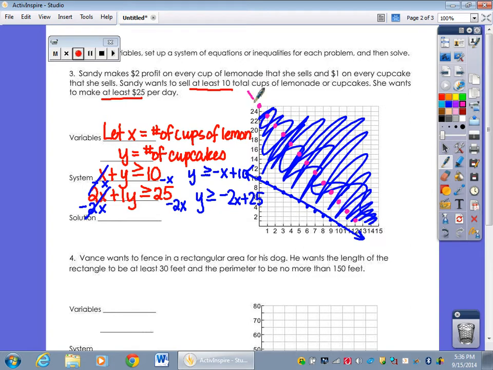Okay, so again, this one's going to be a solid line. And this one we want to shade above.